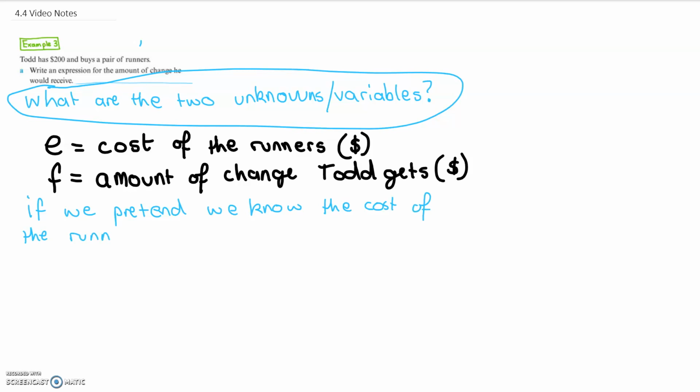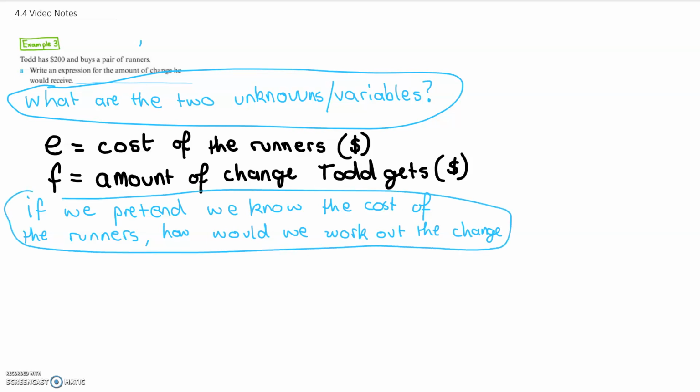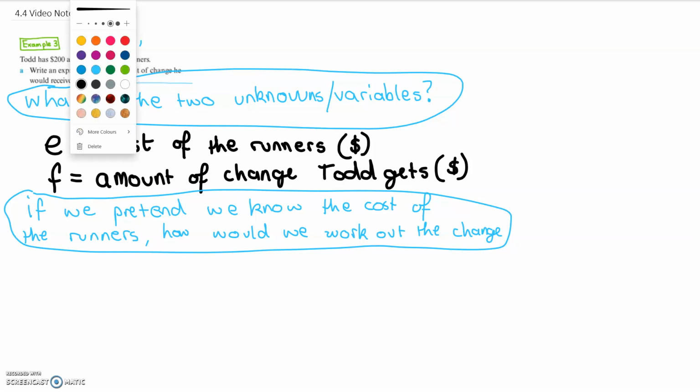How would we work out the total change? So have a think about that. If you knew how much the runners cost, and in this situation, let's pretend that the runners cost 40 bucks. How would you work out the total change?